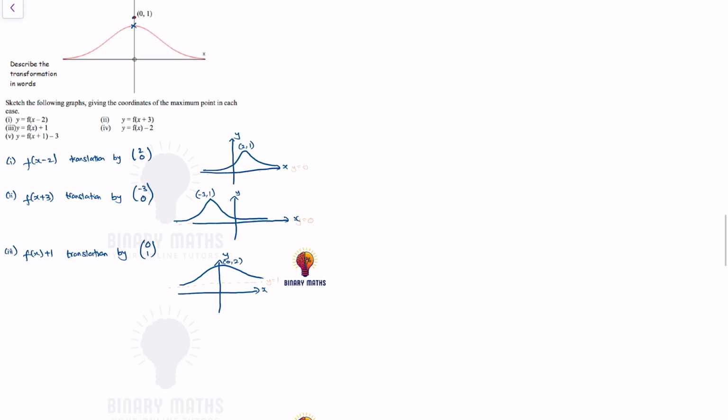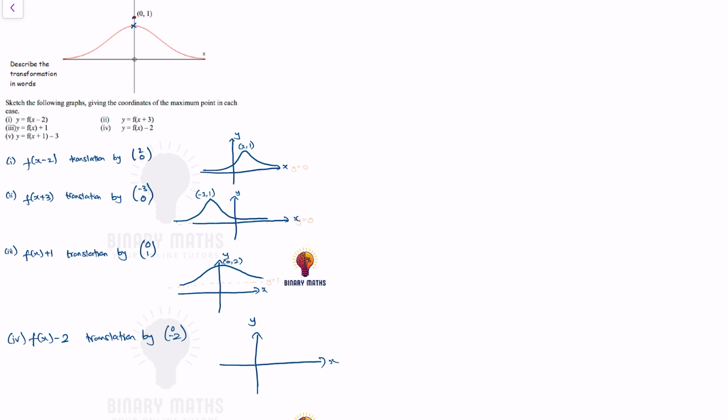Okay, next one, which is for question 4, is f of x minus 2. F of x minus 2, translation by, again, it's the y affected because outside the bracket, so it's 0, minus 2, the number stays the same. So if we had to sketch this, x and y, so the point with the maximum point was 0, 1.